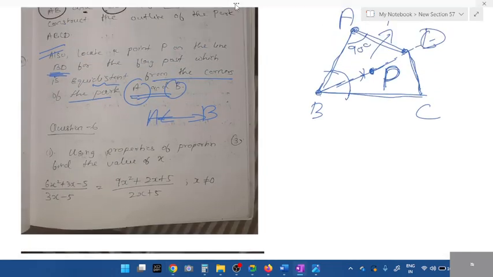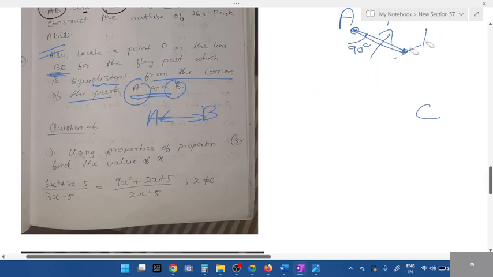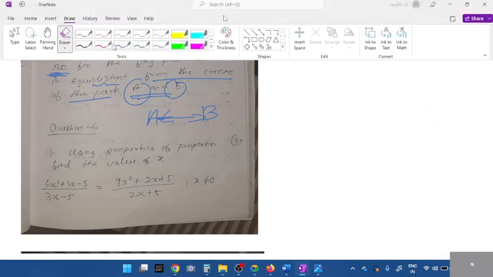Okay, here is the first one. What is the property I told you all? Which is the main property we use, students? All of you respond.